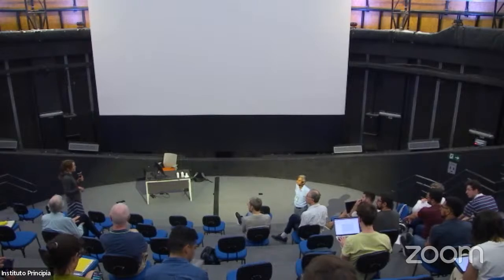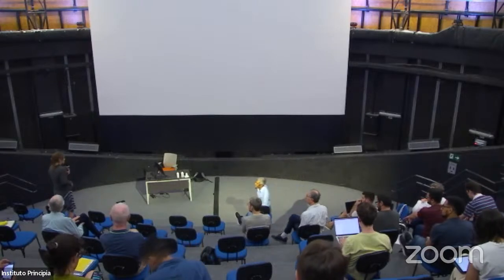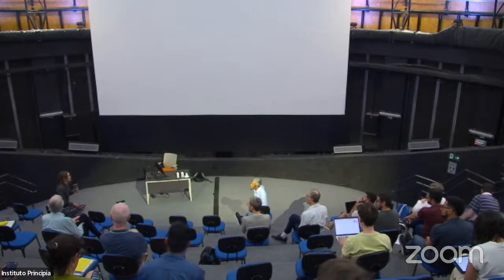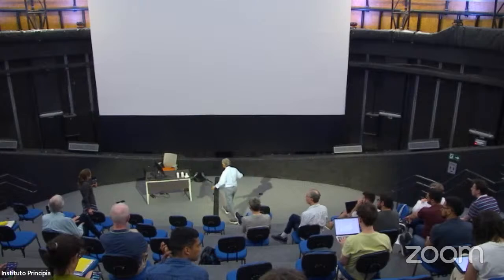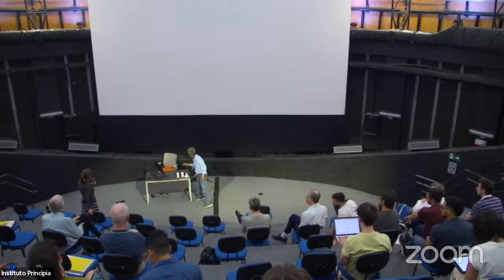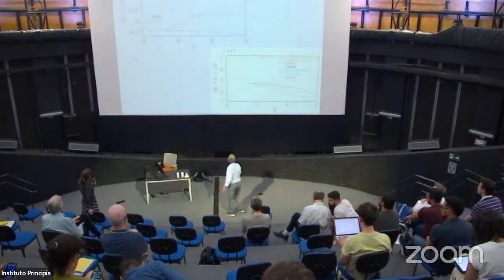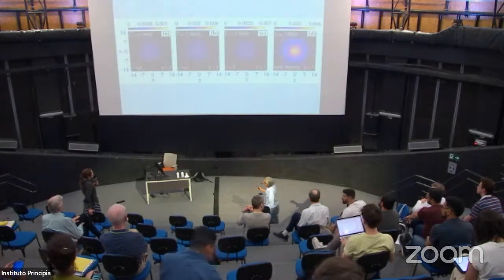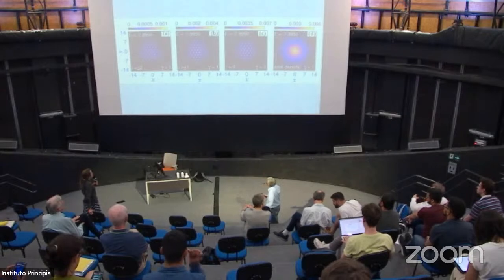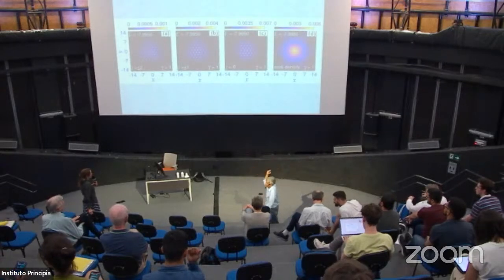Can I ask also one question on the flat traps, like uniform traps? Uniform traps, yes, in simulation. What are the boundary conditions that you used? This uniform trap is the one with periodic boundary condition.